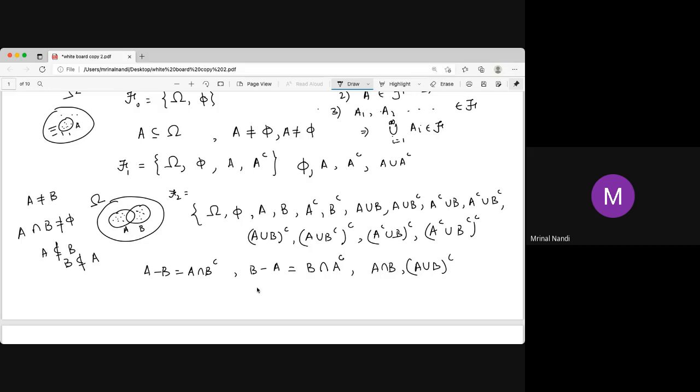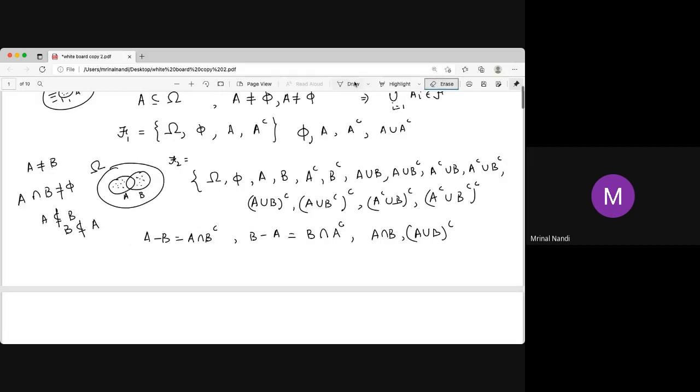Now what are the sets in the sigma algebra? You can easily write all the sets of the sigma algebra containing these four. The idea is this: you have phi, and then just take all these things one at a time. B intersection A complement, then A intersection B, and then A union B whole complement.